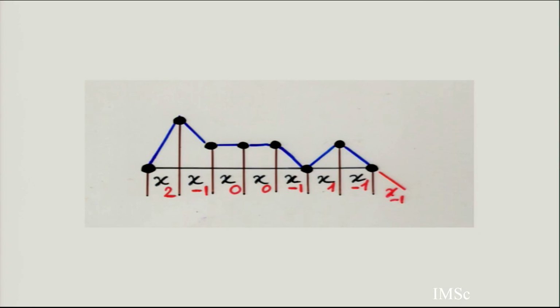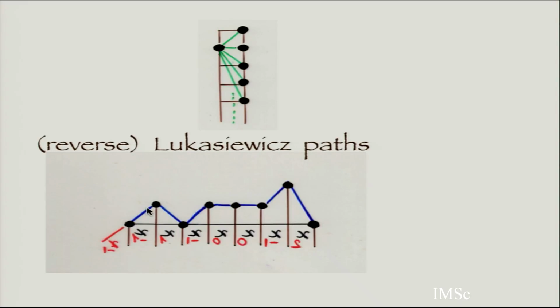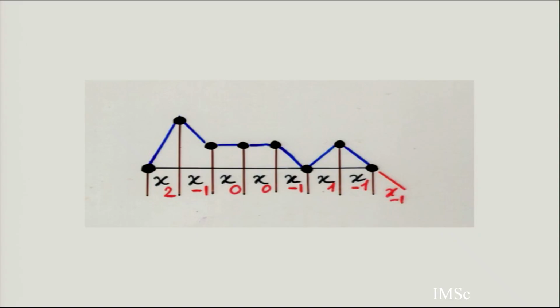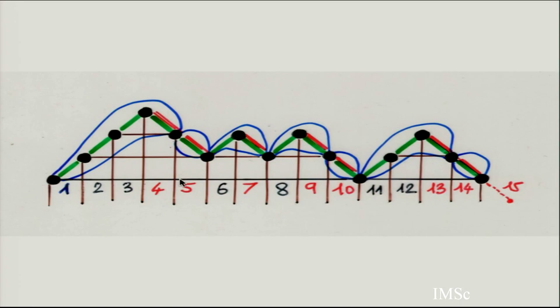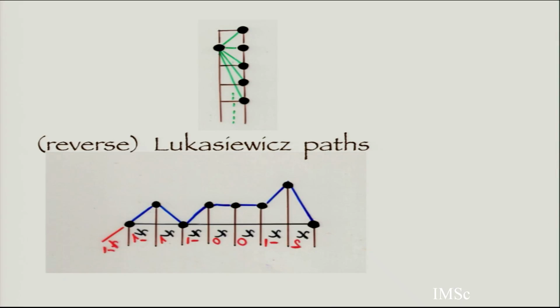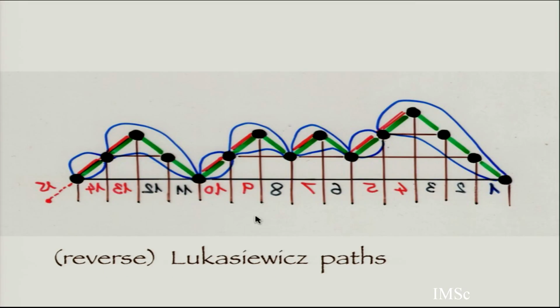So this Lukasiewicz path becomes... here is the bijection. But what I need here is to do it the reverse way, instead of reading like this. In the reverse way, you can go down as much as you want, and then you read the Lukasiewicz path in the other direction. And this is the reverse unique decomposition.